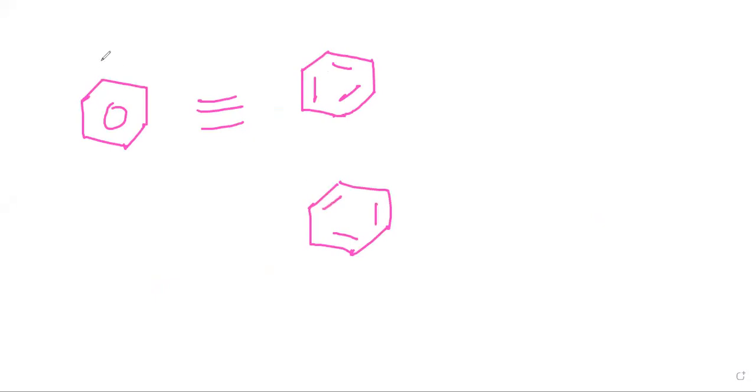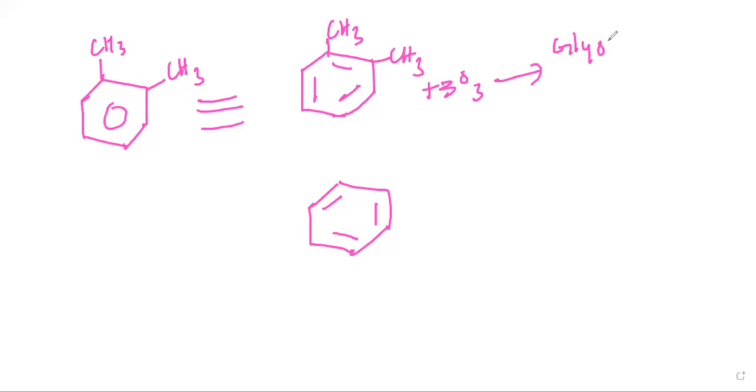But if we say it is Ortho Xylene, my dear students, then this on ozonolysis will give us 2 products. What 2 products are we going to get? Glyoxal and methyl glyoxal.